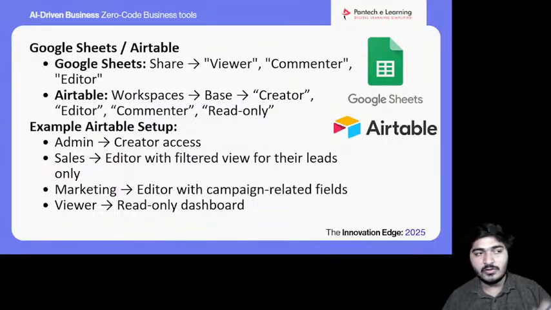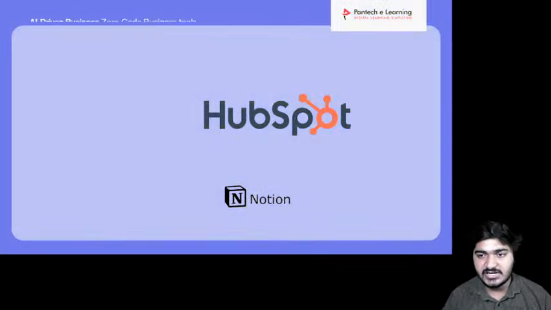The one who is taking care of the men's dress and wear will have access to those leads, and the other personnel will have access to the other roles and other fields. And the third thing is the marketing editor with campaign related fields. He or she will have access to the campaign related data. And the viewer who has read only dashboard access will be the manager, and can be anyone else. Okay, so these are all the things regarding the spreadsheet type.